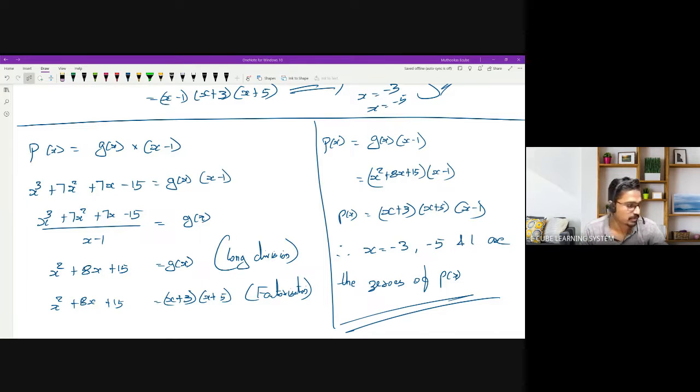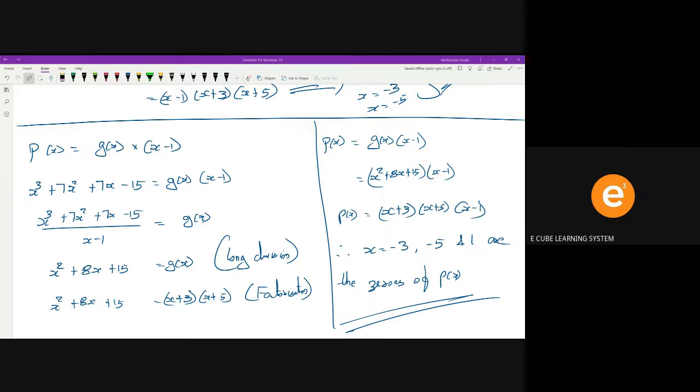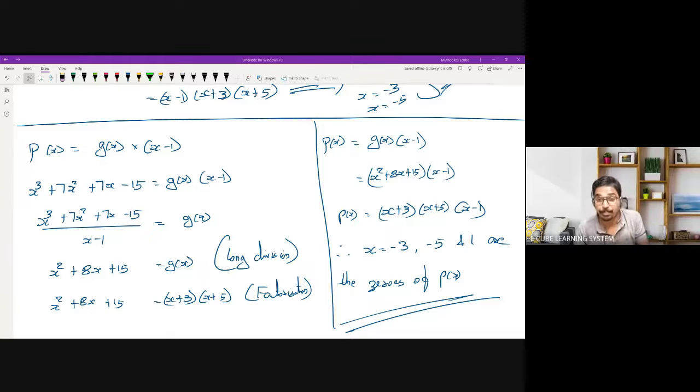And now you can ask if there is any doubt. We will extend the same idea into fourth degree also. We get the idea of fourth degree like we will extend it.